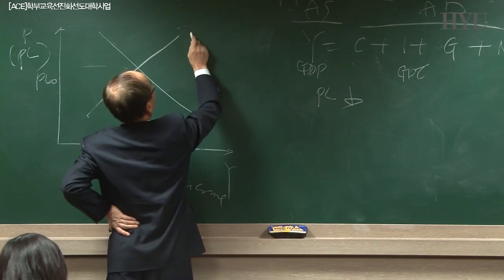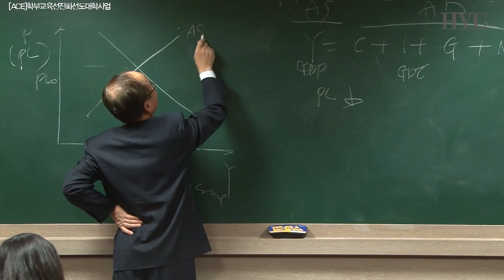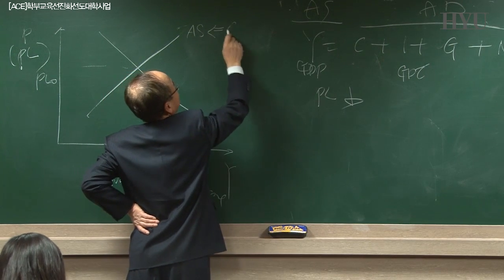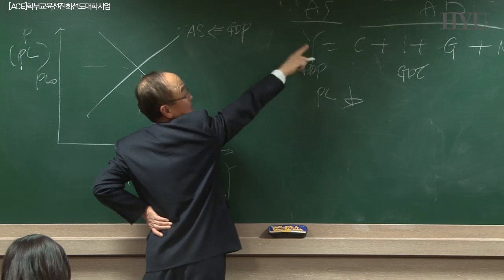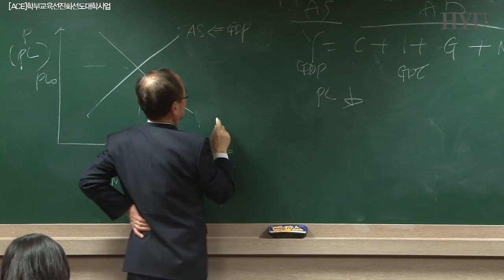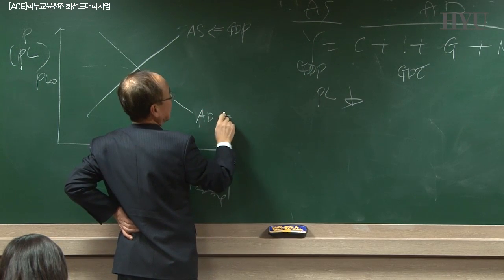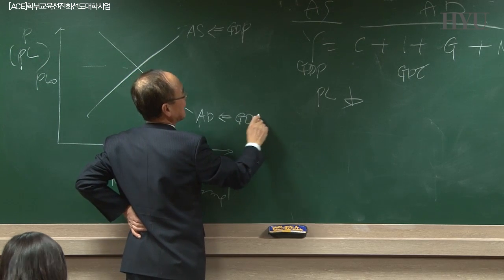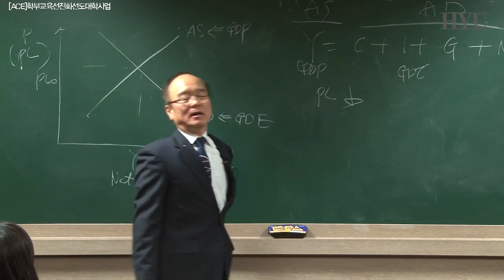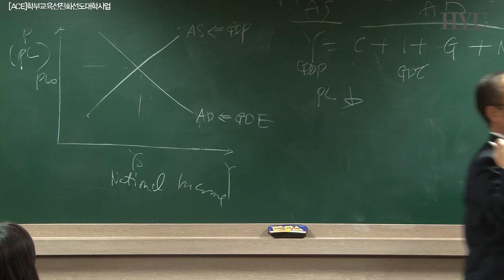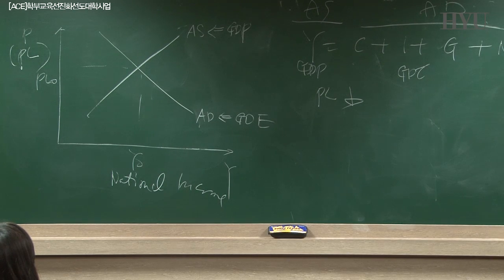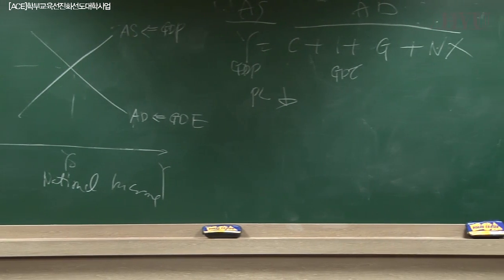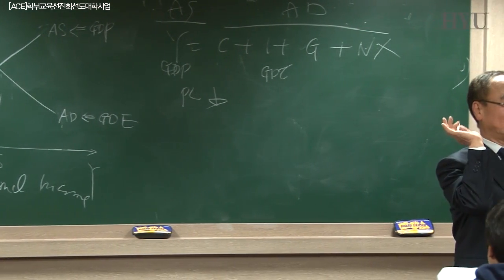Let me make it neater. This is AS. This we call GDP. This is AD. This is what we call GDE. If I were writing a text, I would define GDE in the first place. This makes understanding much easier. Even if the textbook doesn't use GDE here, that's my word actually.